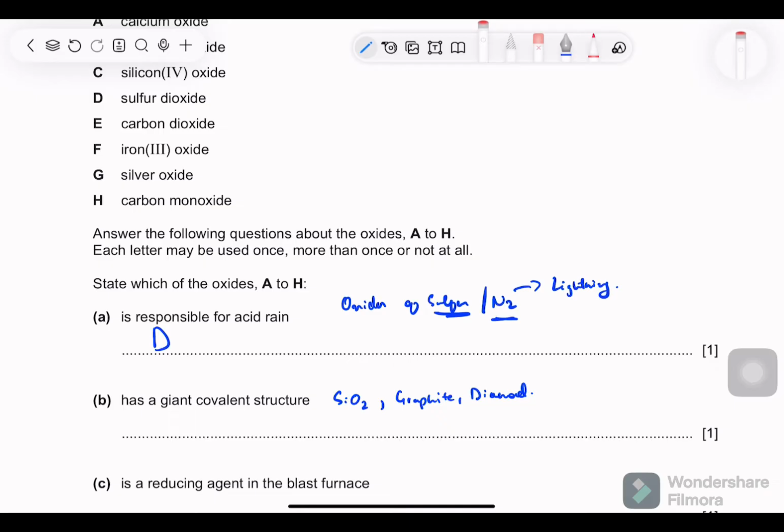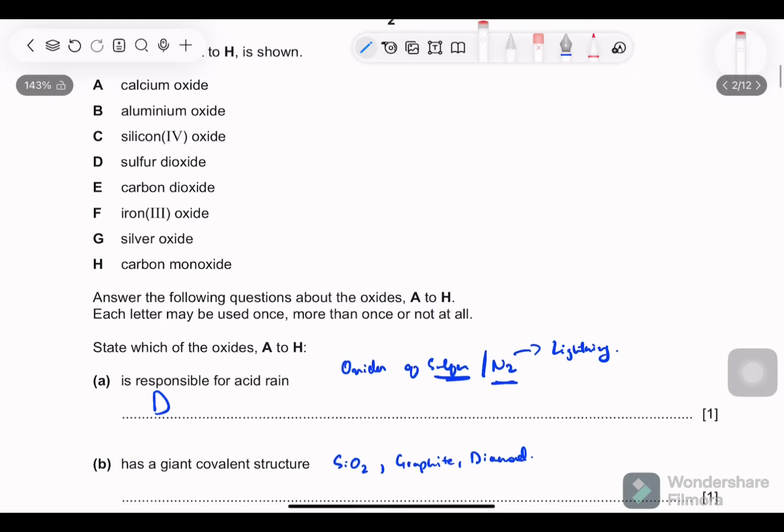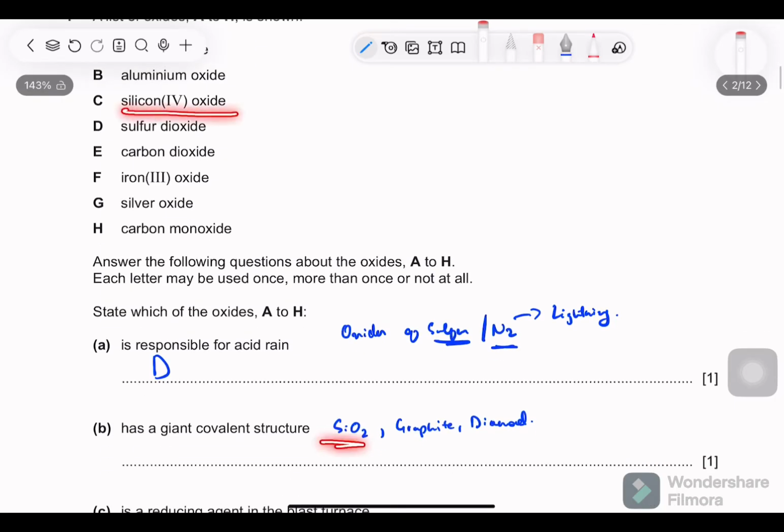You need to know their properties, their structures, and the bonding in them. You need to know the dot and cross diagrams for simple molecules only. For giant structures, you need to know the strength of their bonds and whatever I told you. So what do we have here? We have only the oxide, silicon oxide, over here. So we will write C.